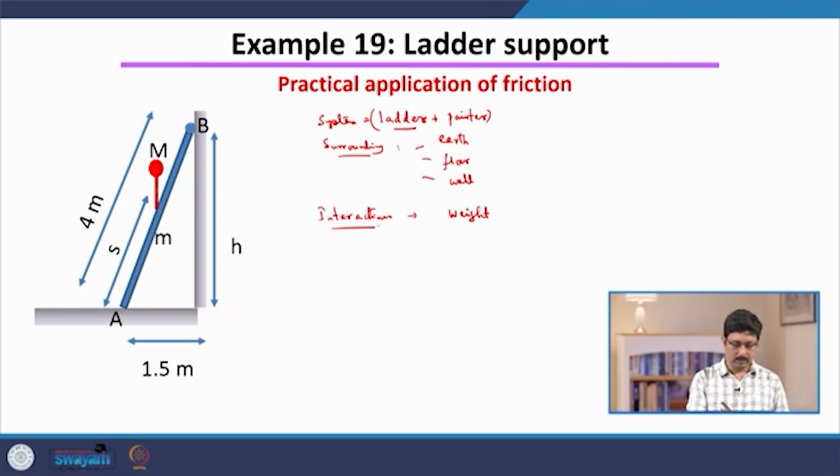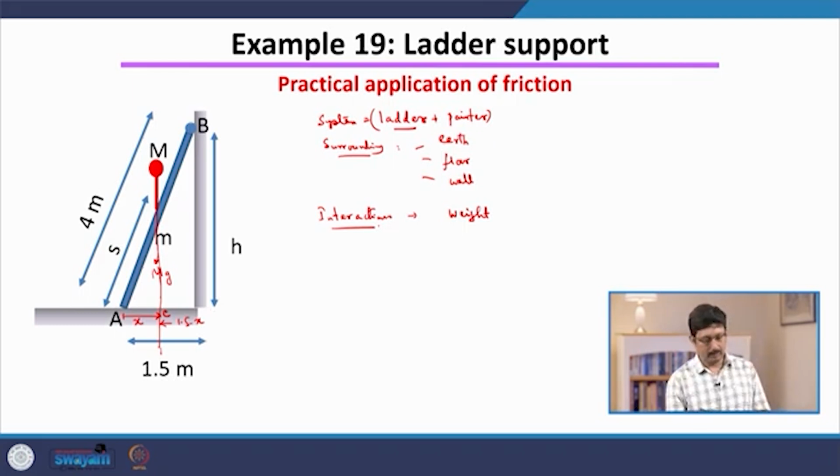The weight of this person is mg, and this is the line of action of this weight. Let us call the point where it hits the ladder C, and let us say that this distance AC is x meters. Then from the picture it is clear that this other distance will be 1.5 minus x meters.